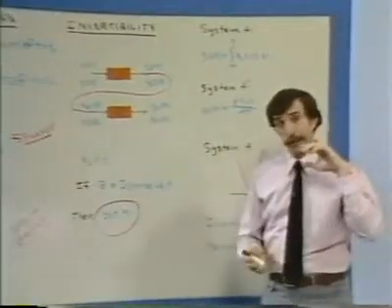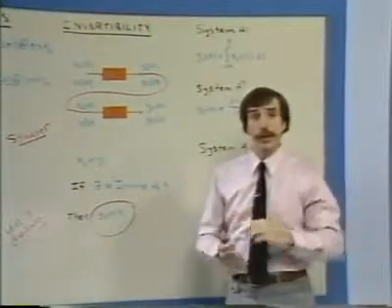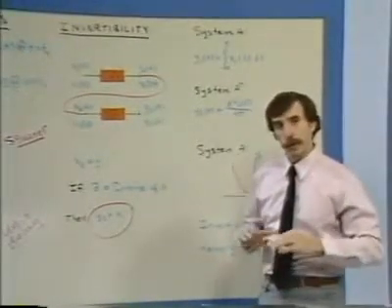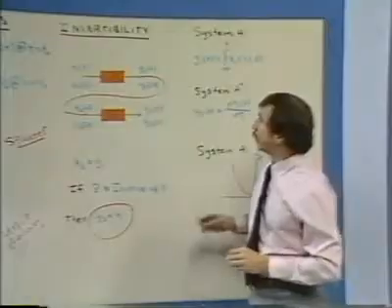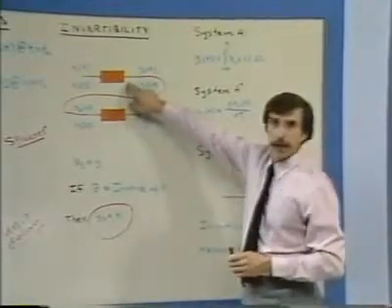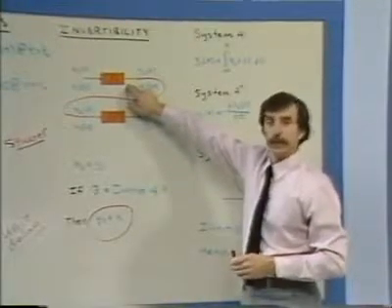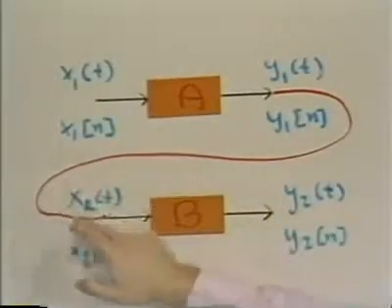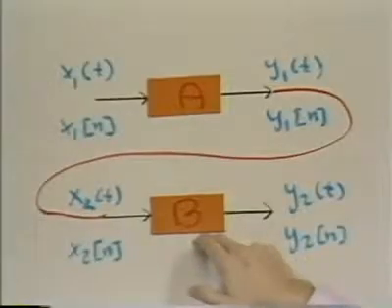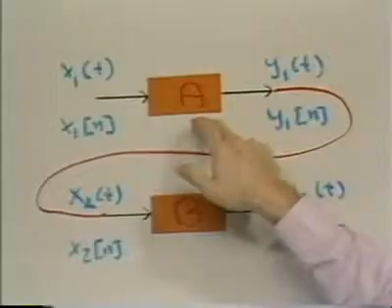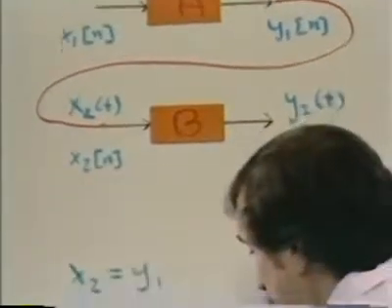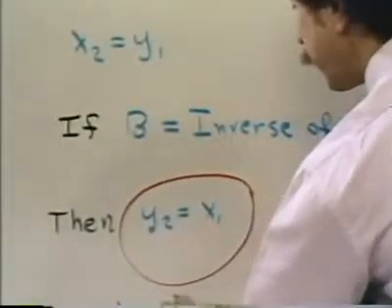Now, I know there are a lot of inputs and outputs and inverses in there, but essentially what we mean by what I've just said is that if we have system A and it's invertible, and if we cascade it with its inverse, system B, then the overall cascade of these two systems is simply what's referred to as the identity system.